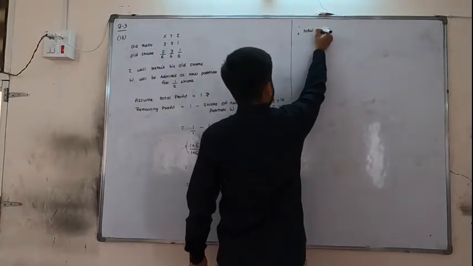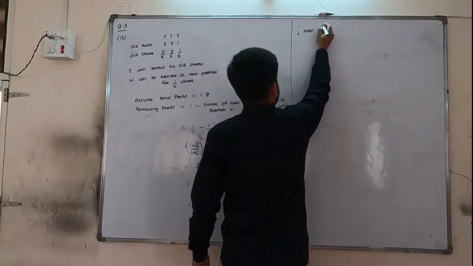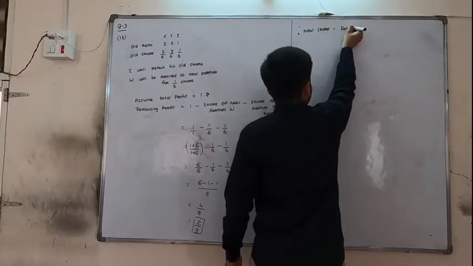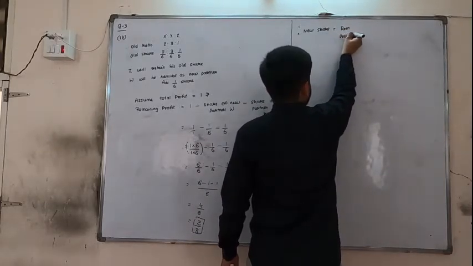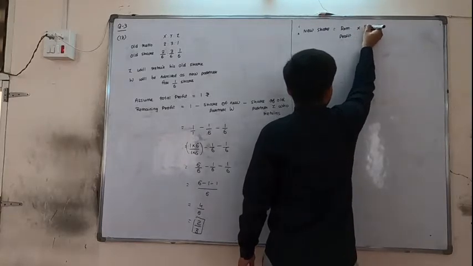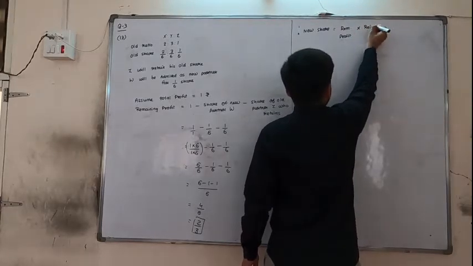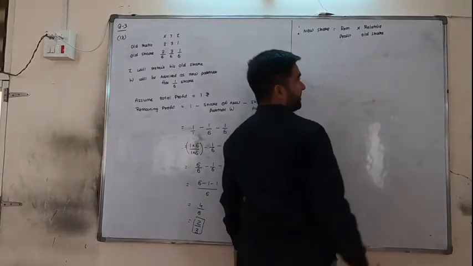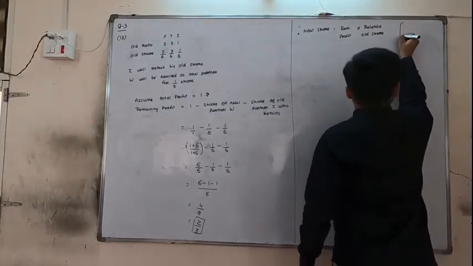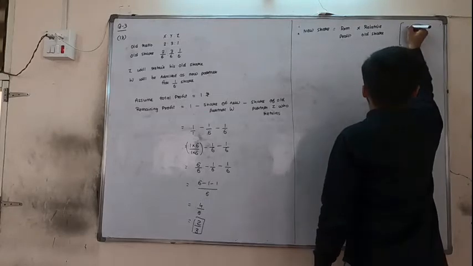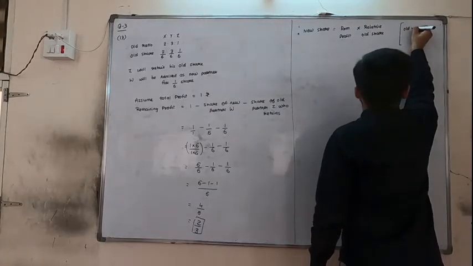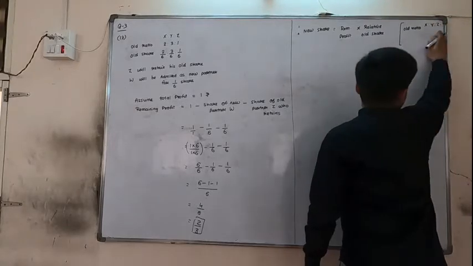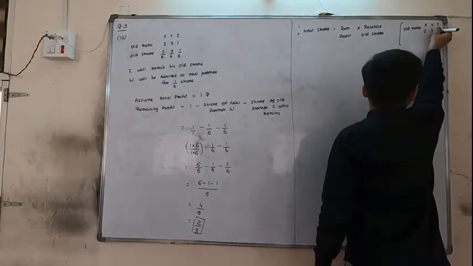After that, new share is equal to remaining profit multiplied by relative old share. Now see, the old ratio between X, Y, Z is 2:3:1.